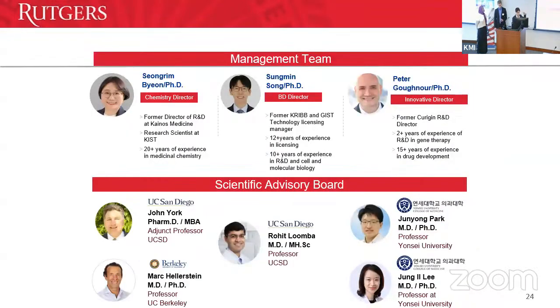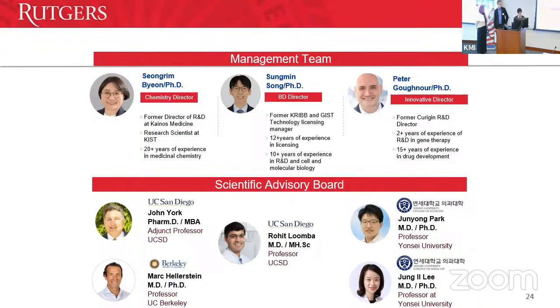Again, I touched upon the founding team background, but this is an overview of the management team as well as the SAB. Collectively, they bring a wealth of experience and complement the founding team members' backgrounds. One thing to note, looking forward to the future, is that they might need to diversify their team in terms of skill set, as well as location.